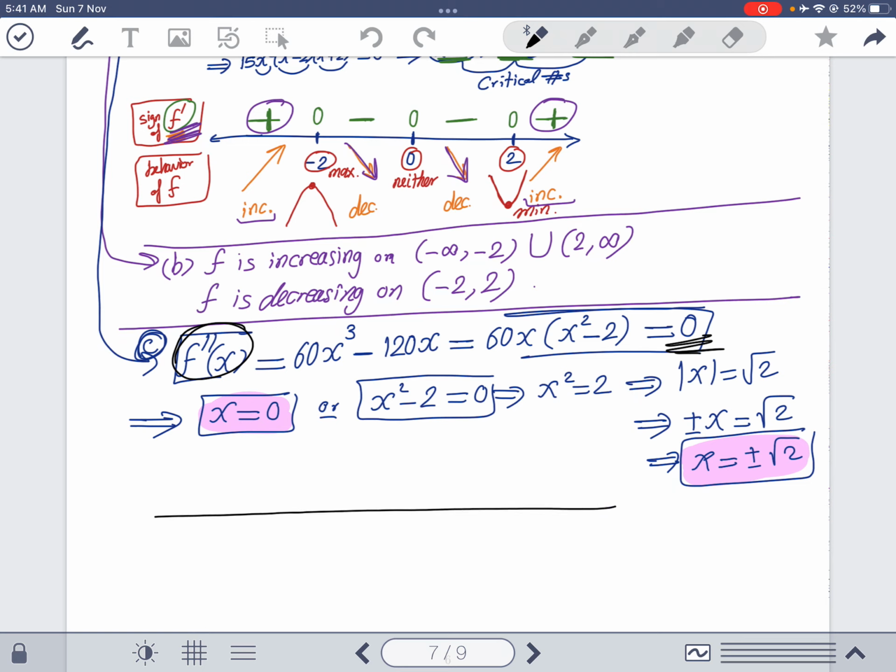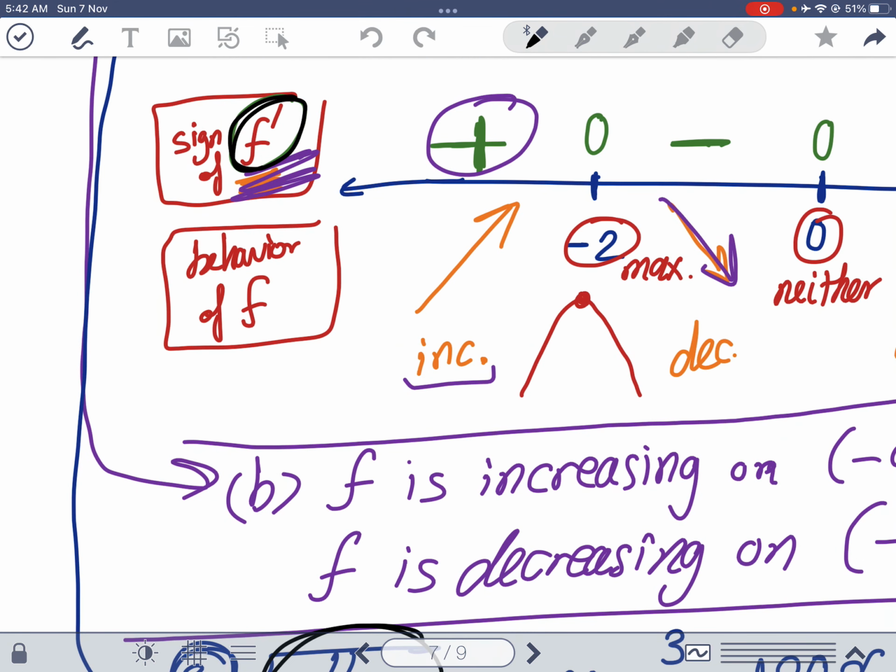So we are going to draw 0, negative radical 2, and radical 2. And the same thing here, you do the sign of f double prime here, and down is the behavior of f. Remember, I will just say this one more time, that f prime controls the behavior of f related to increasing, decreasing. So the monotonicity of f is controlled by f prime.